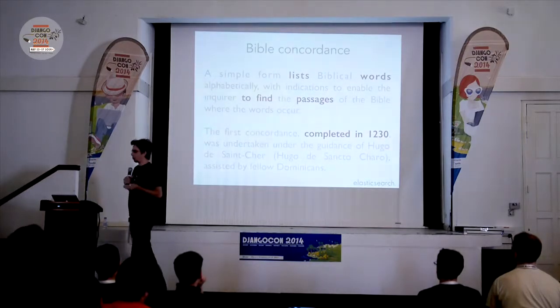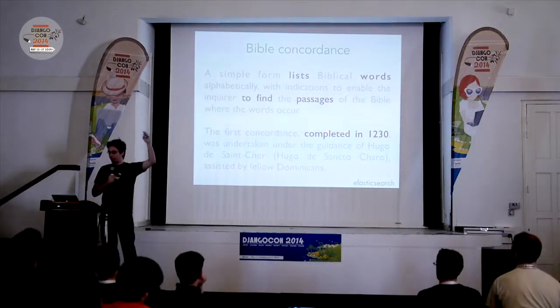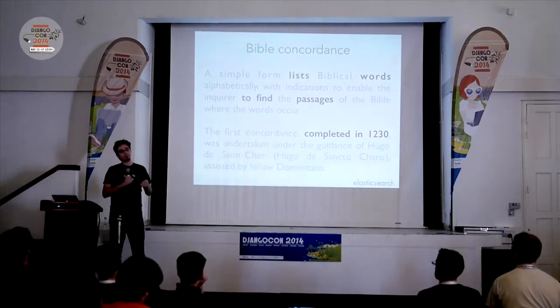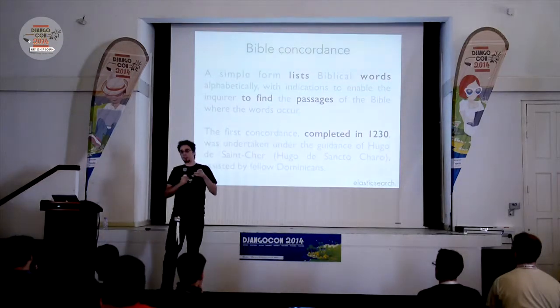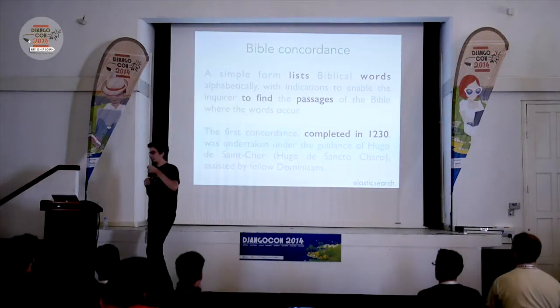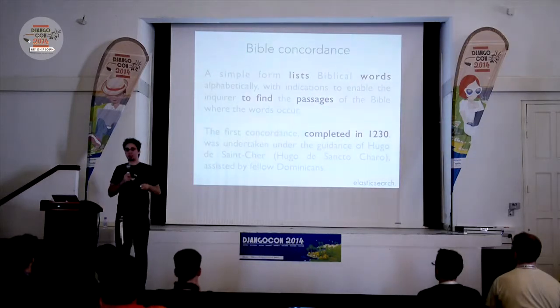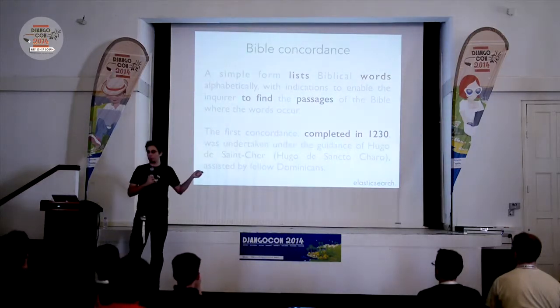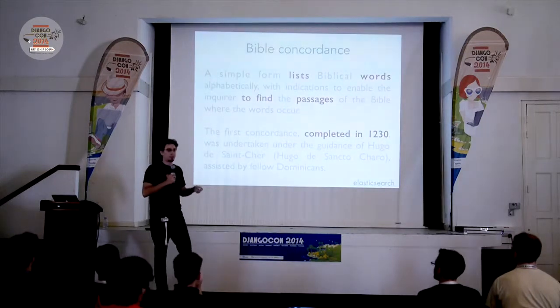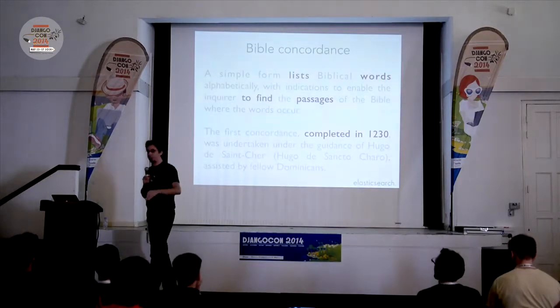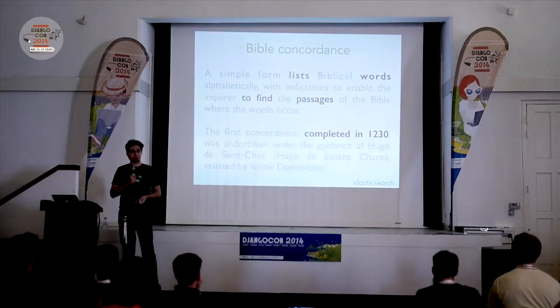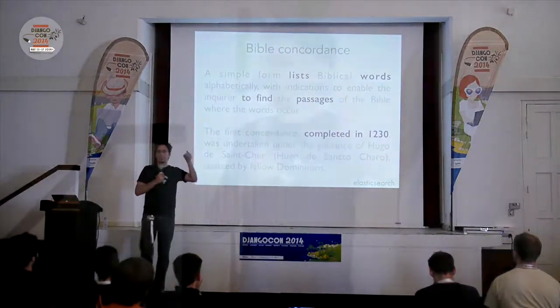It was called the Bible Concordance, and it was an alphabetical list of biblical words with links to passages in the Bible that actually contain these words. And this is exactly what we're looking for. This is a data structure, a pretty old one at that, that will enable us to look things up very quickly. We have a list of words, and it's alphabetical, so it's very effective for searching. So we just look up Django, and we immediately have the list of documents, a list of books, or Bible passages that actually mention Django.